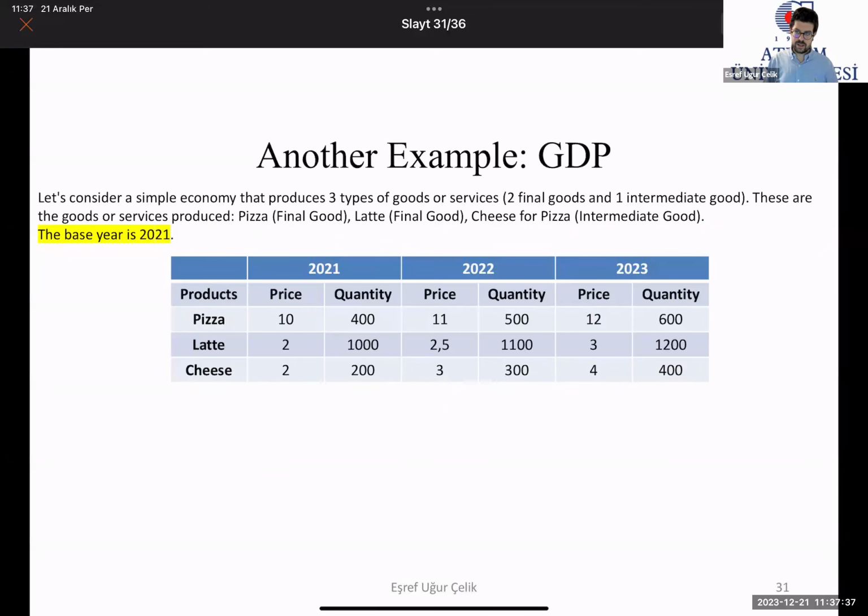Another question. Maybe in your exam, I mention that these goods are final goods and these goods are intermediate goods. Please don't forget, intermediate goods cannot be counted in GDP because final goods already include these values in the calculation.